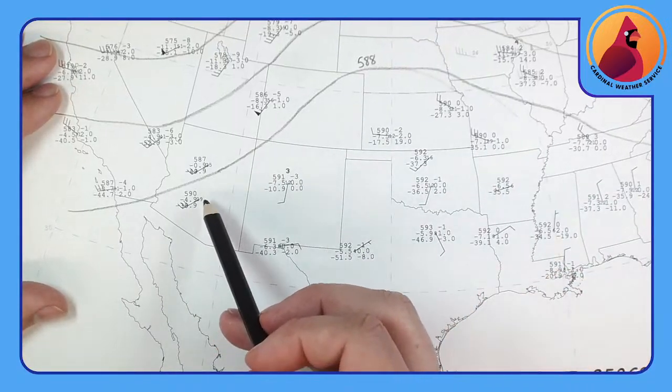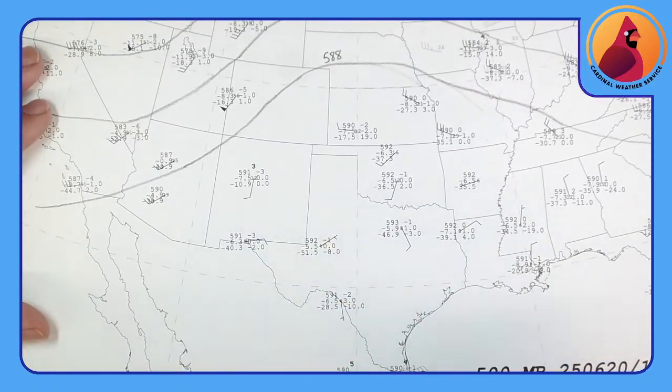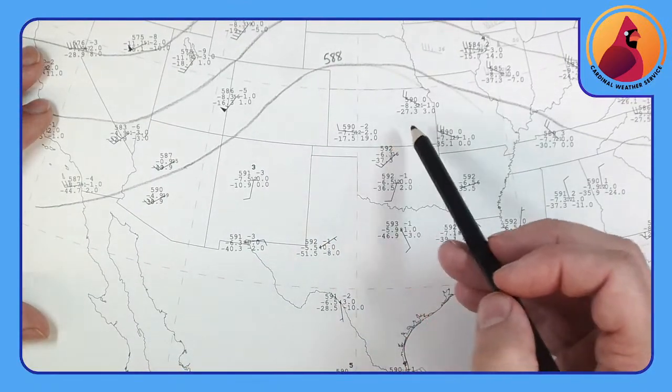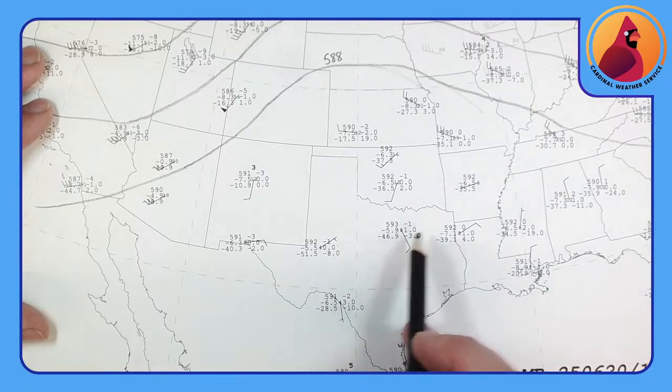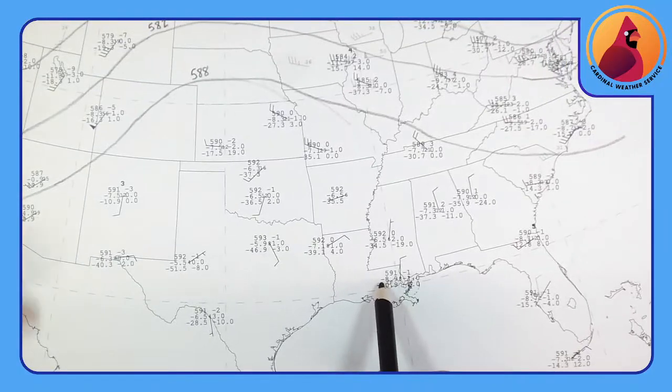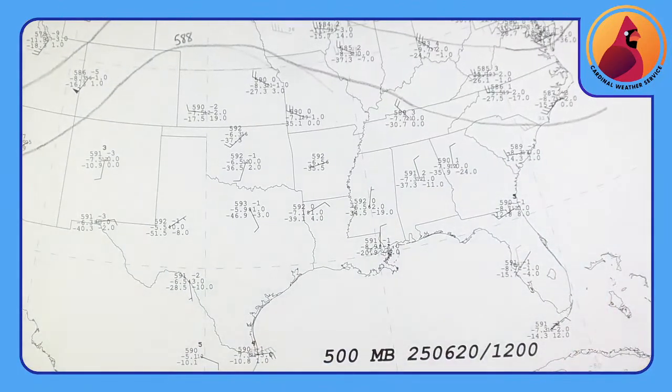All right, we've got 590, 91, 91, 92. Got a lot of 90s. 93, 92, 92, 91. You know what? I think we're done.